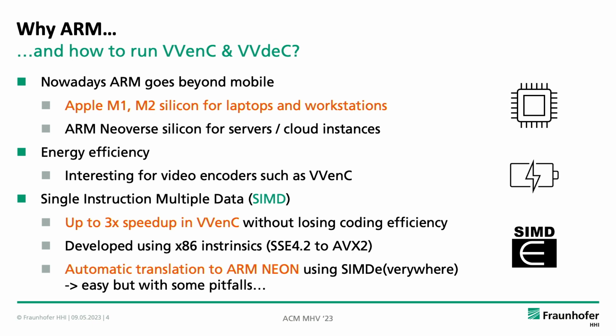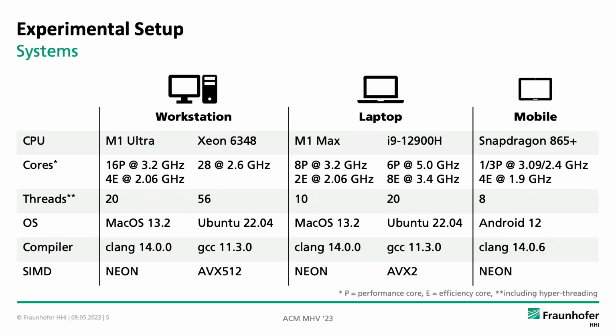So Neon are the multimedia extensions for the ARM design CPUs. So this is pretty easy. It just takes less than half a day to have that running using the automatic translation, which is amazing. However, it's easy, but it has some pitfalls, as you will see.